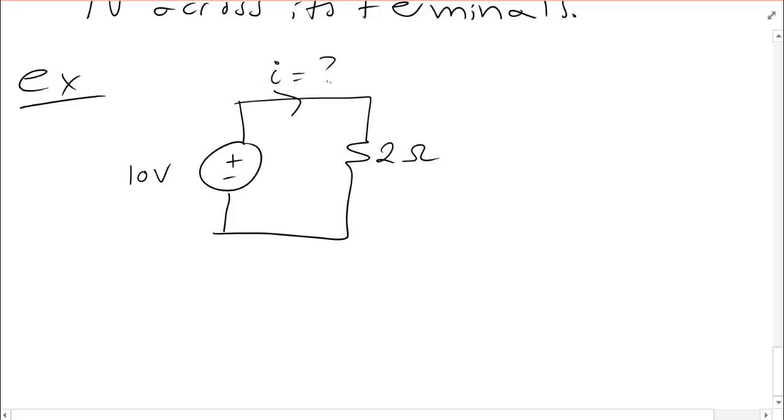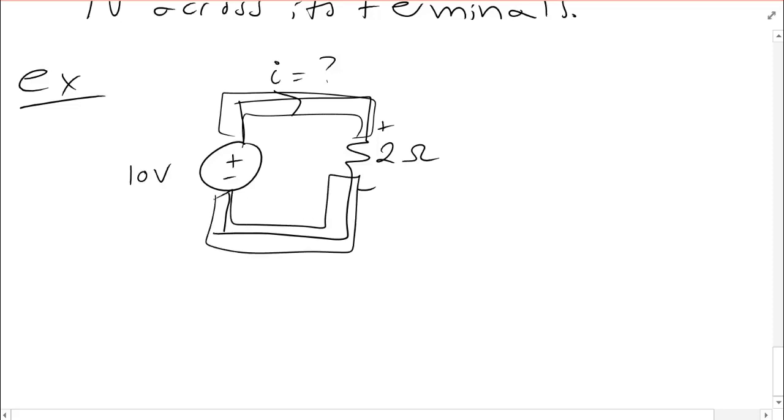What is the current? Well, if we take a look at our circuit, I have a positive and a negative voltage across that resistor. You might notice that the voltage source and the resistor are in parallel. How would you have noticed that? The top node of the resistor and the voltage source are connected, and the bottom nodes are connected. Therefore, they share a voltage and are in parallel.